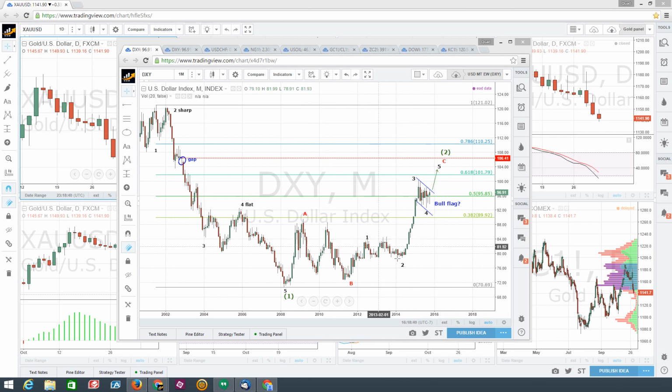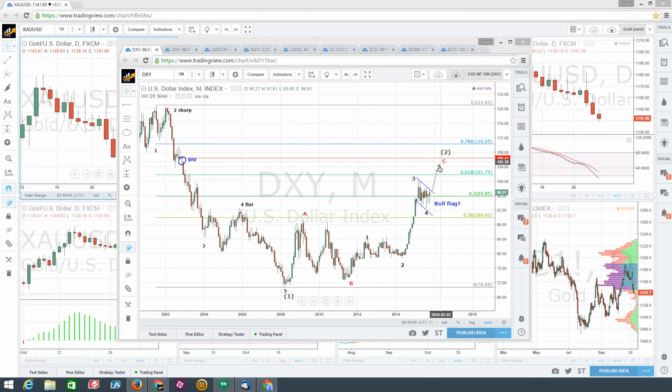We've got a wave 1, 2, looks like a flat. We've got a wave 3 to the upside. It looks like an ABC down for a sharp 4 that could be finished. And now working on what could be wave 5 of C of 2 to the upside, which I don't think we'll have any trouble coming up to test the 61.8% Fibo right there at 101.79.